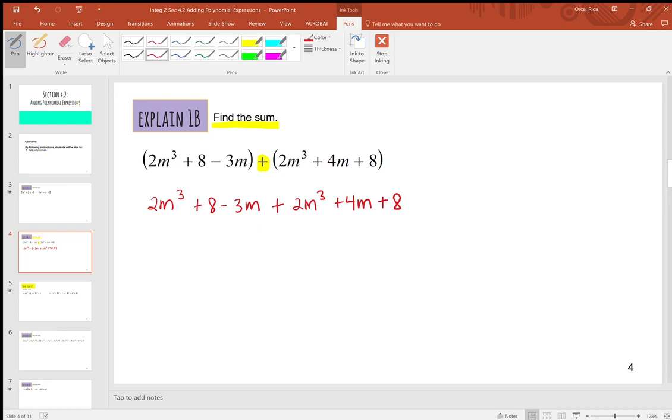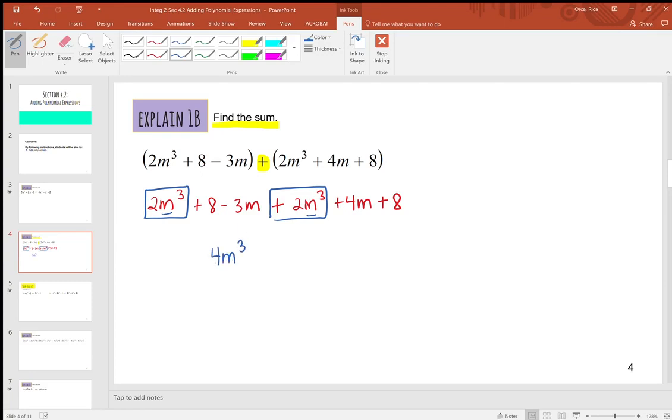For example, we have 2m to the third and 2m to the third. Notice how they both have the m's and both m's are raised to the third power. 2m to the third plus 2m to the third is 4m to the third.